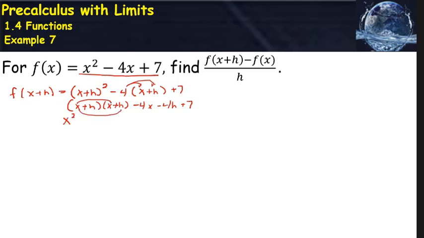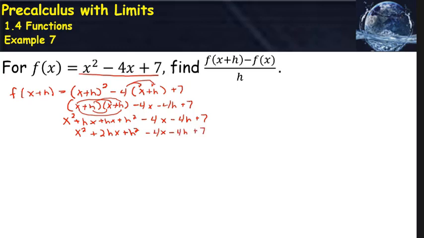Then the outers is x times h, so I'm going to say hx. And then the inners, hx again. And then the last are h times h, which is h squared. And then I have minus 4x minus 4h plus 7. I'm going to combine like terms. It looks like I have x squared plus 2hx plus h squared minus 4x minus 4h plus 7.